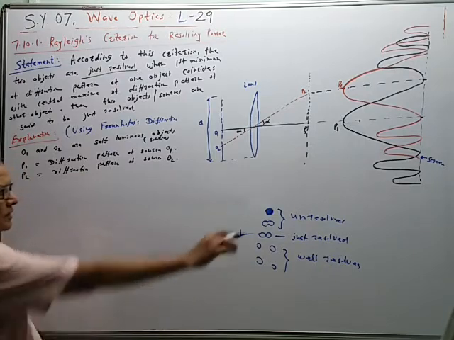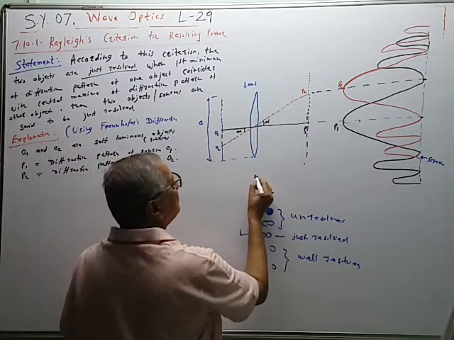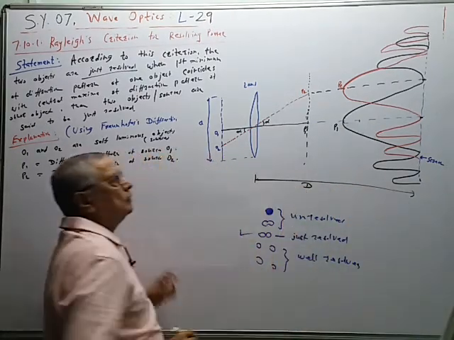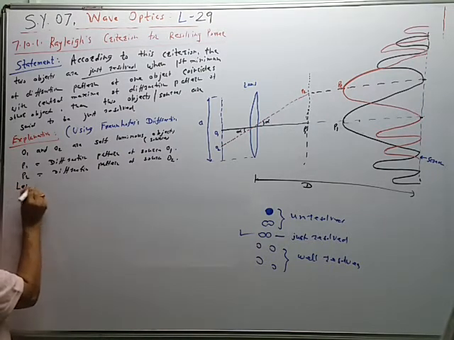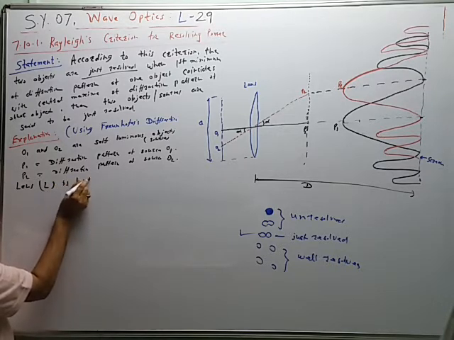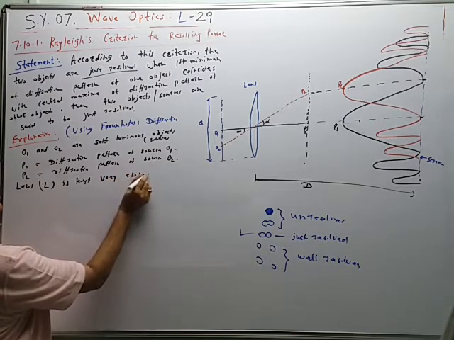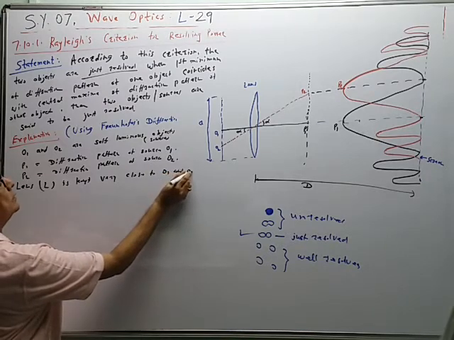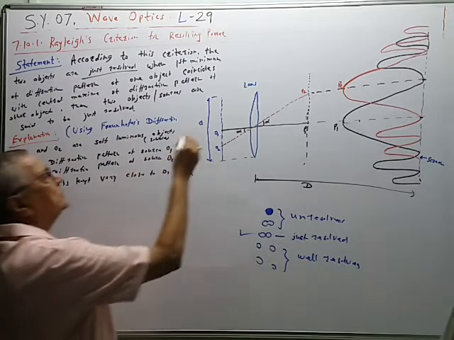The lens L is kept very close to O1 and O2 as shown in the figure.